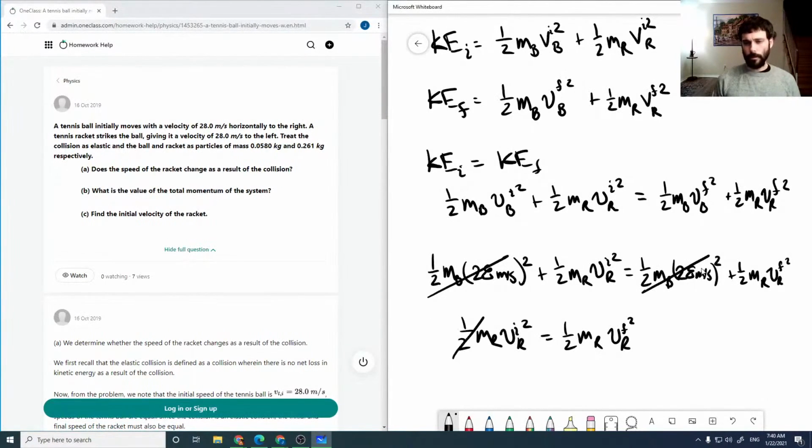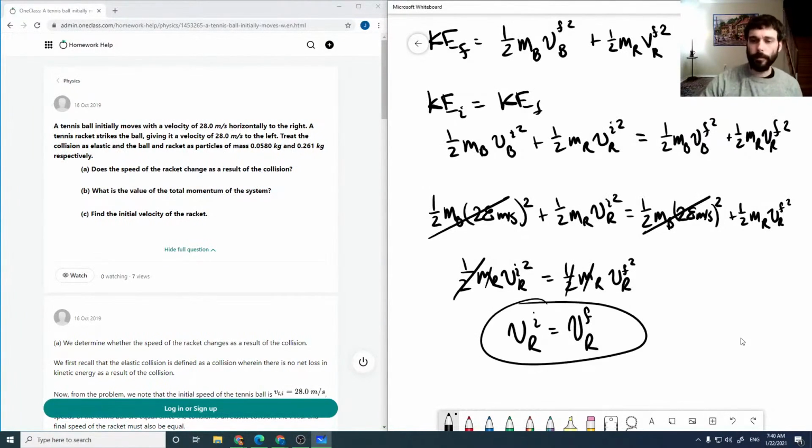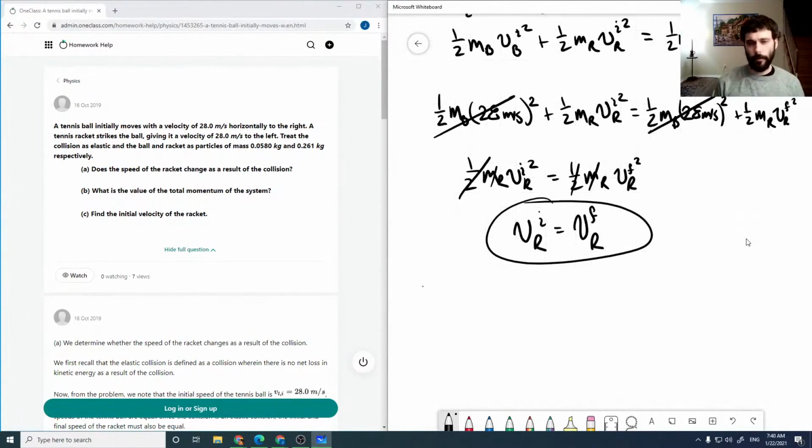And obviously these 2's will cancel and these masses will cancel, and we can take the square root and find that the speed of our racket initially is equal to the speed of our racket finally. So our speeds are constant. So for A, the speed does not change.